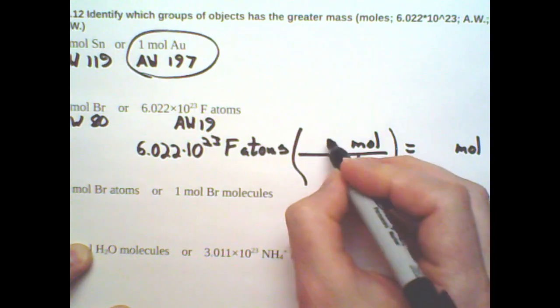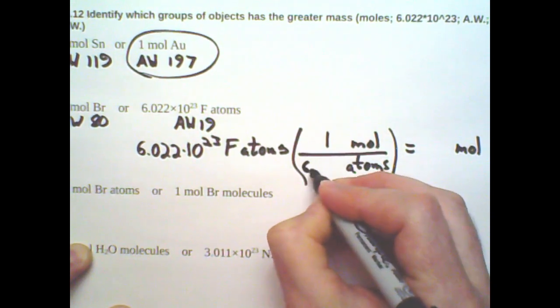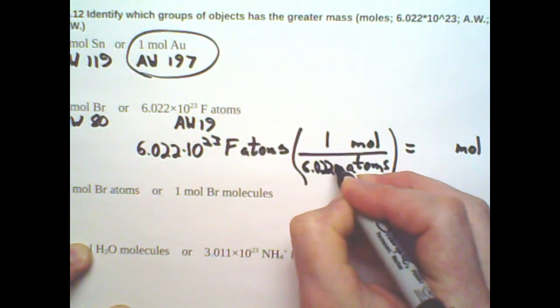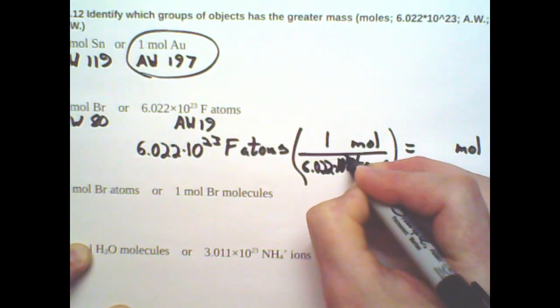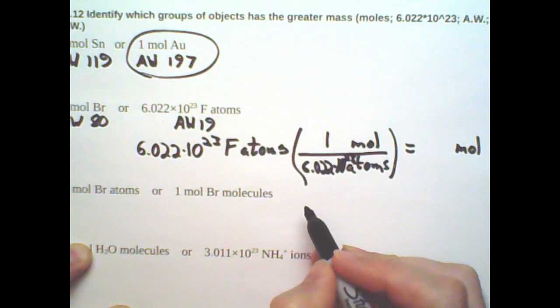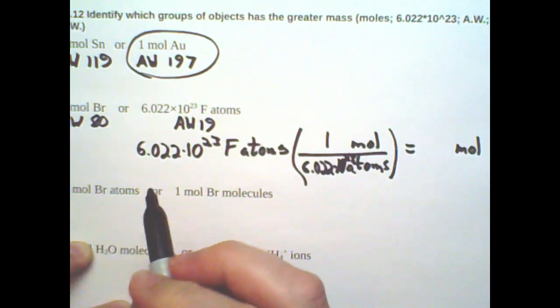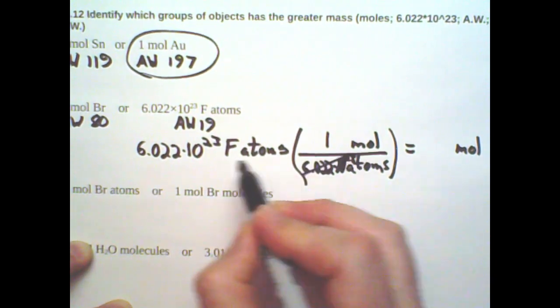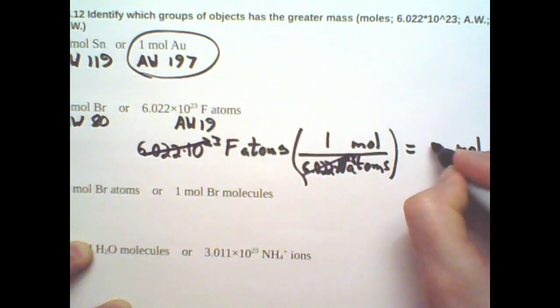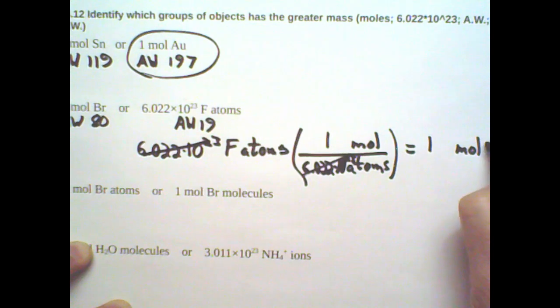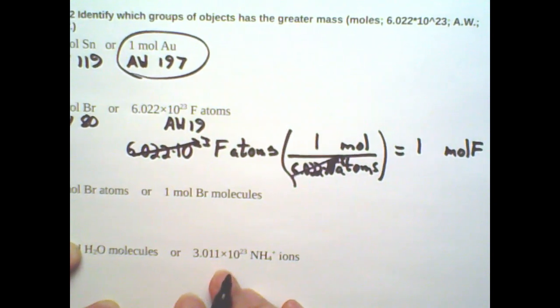I know that 1 mole equals 6.022 times 10 to the 23rd atoms, and these will cancel, and I have 1 mole of fluorine.